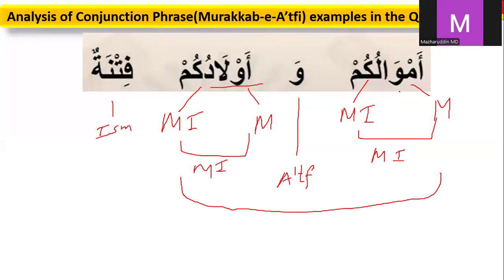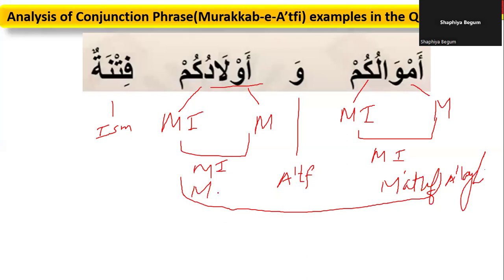The phrase which comes before atfi is called matuf ilayhi. And the phrase which comes after atf is matuf.